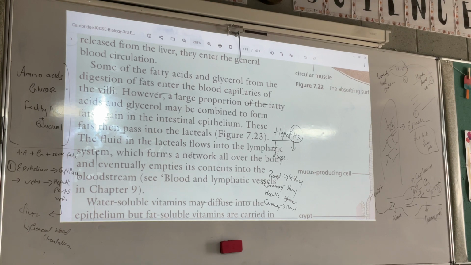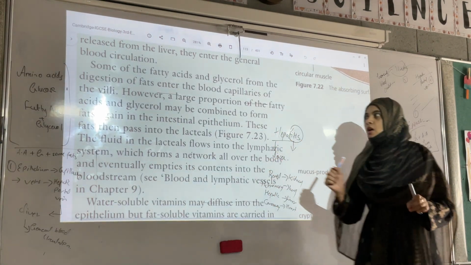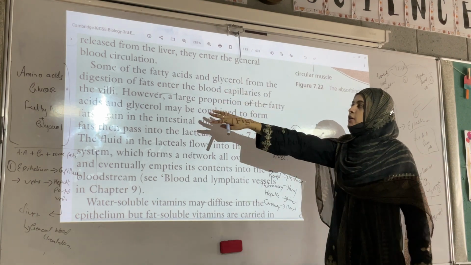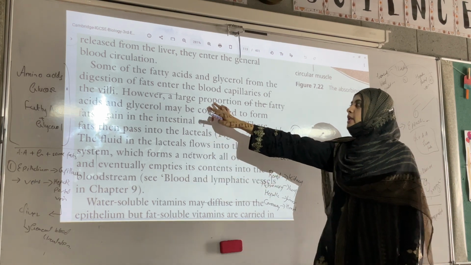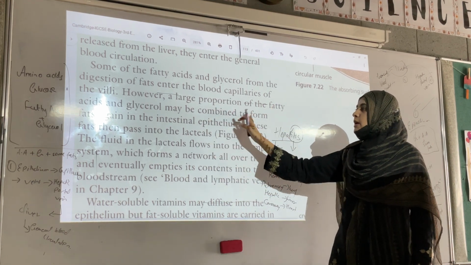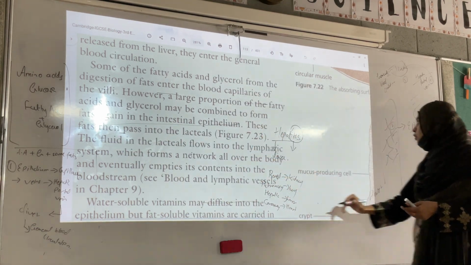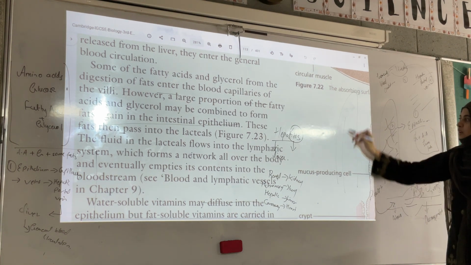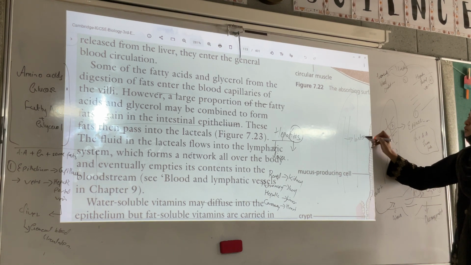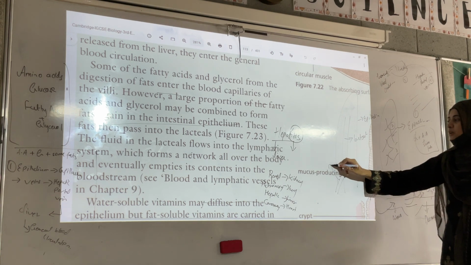Okay, let me complete the last part of it. This was for some of the fatty acids, right? Some of the fatty acids and glycerols from the digestion of fats enter the blood capillaries, like I mentioned in this pathway. However, a large proportion of the fatty acids and glycerol combine to form fats first in the intestine. Then where do they go? They go from the epithelium, instead of going into the blood capillaries, into the lacteal. After going into the lacteal, down there you see the lymphatic system, right?